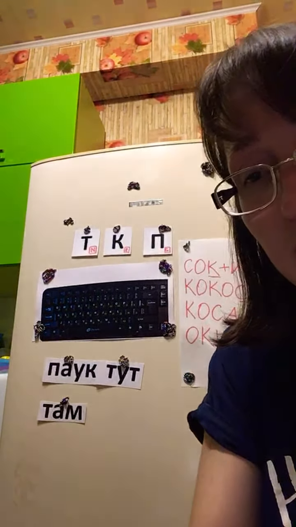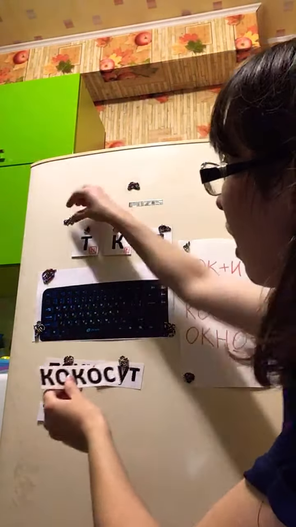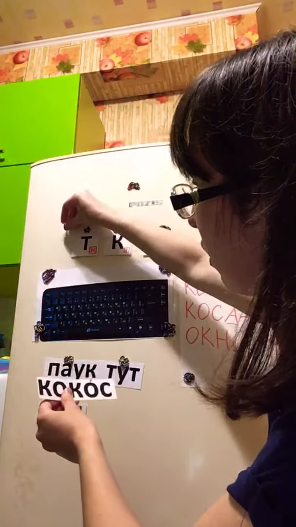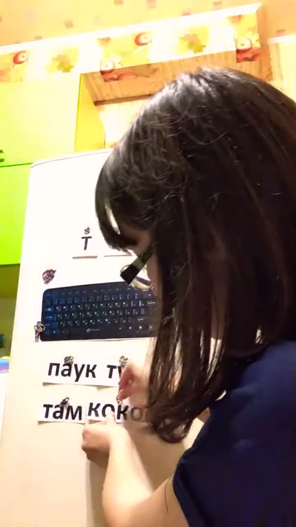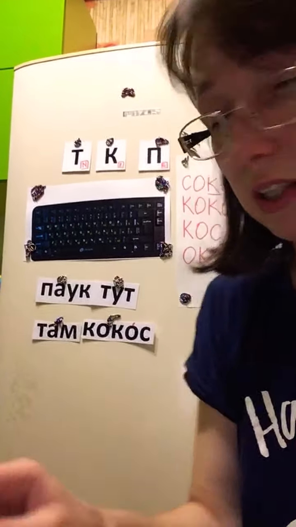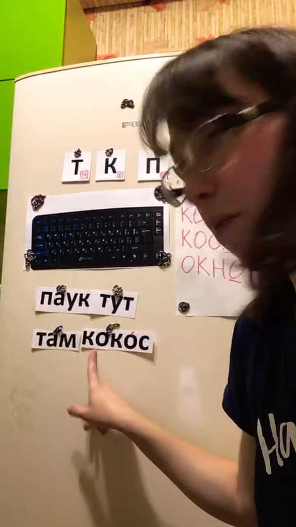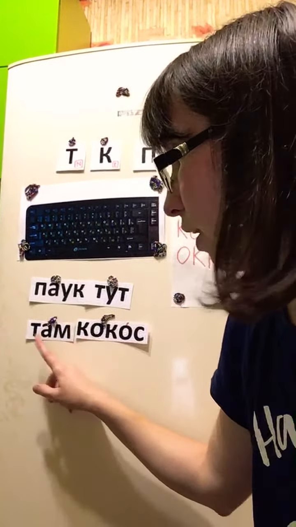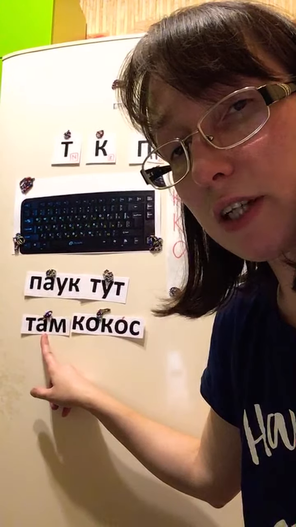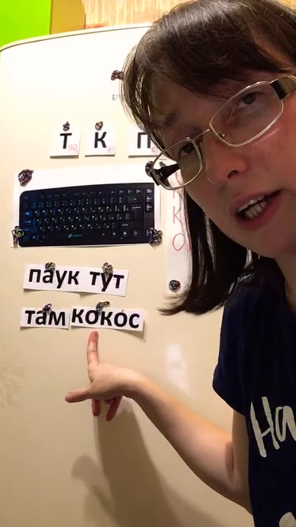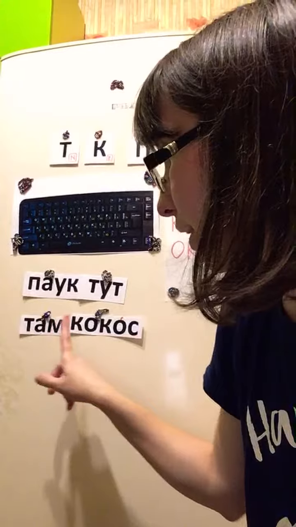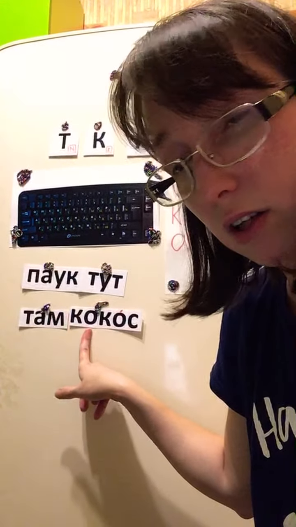This word, I don't think you can see it well, but I will move my tablet later. Can you see? Там кокос. Again, there is a coconut. There is a coconut. Там кокос.